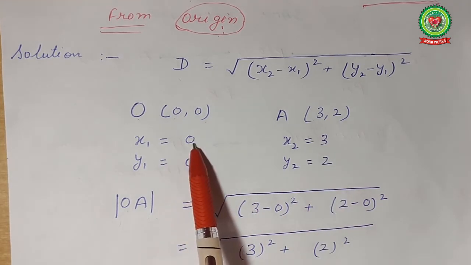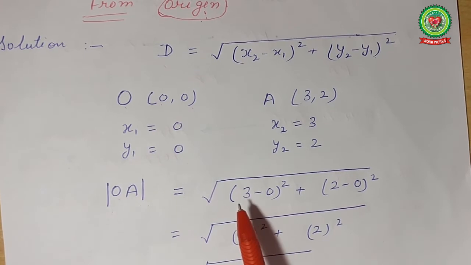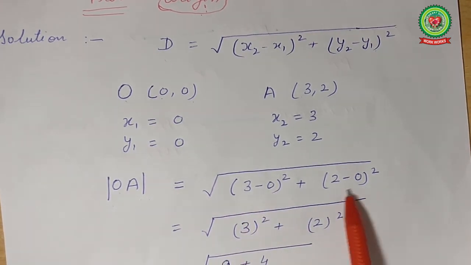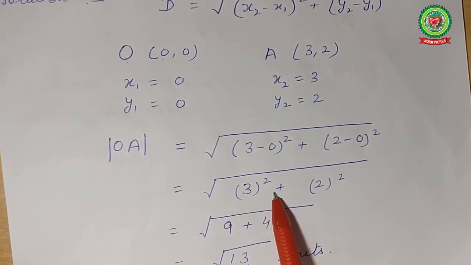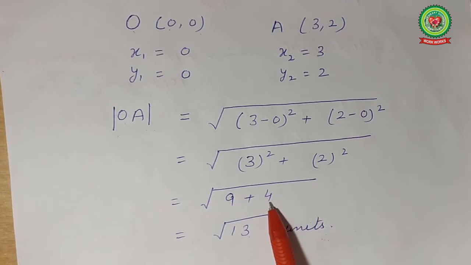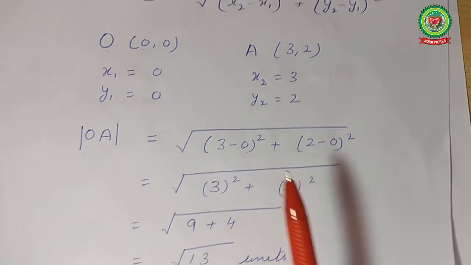That is x2 minus x1, y2 minus y1. Now 3 minus 0 is 3 itself, 2 minus 0 is 2 itself. 3 square is 9, 2 square is 4. Now 9 plus 4 is 13. Under root 13 units is the answer of OA.